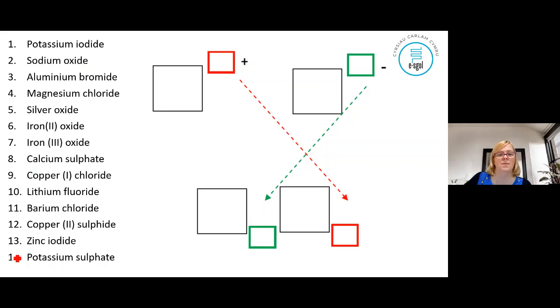But if I go to the bottom one then, to potassium sulfate, okay, so potassium is K and sulfate is SO4. Okay, sulfate is negative by 2, potassium is 1.